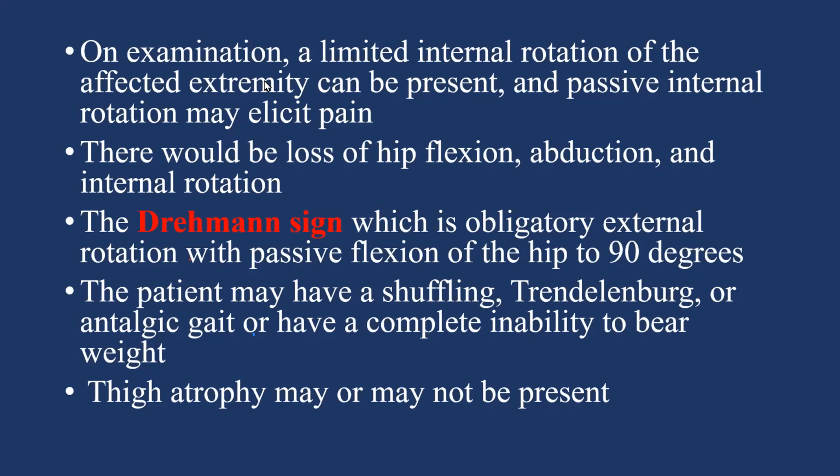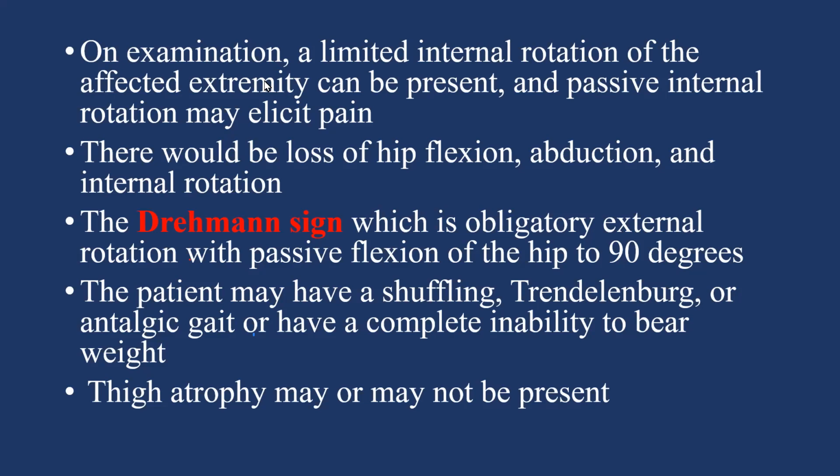What about the Drehmann sign, which is obligatory external rotation with passive flexion of the hip to 90 degrees? A Drehmann sign, guys: when you flex the hip, if there is a slip and the hip is in external rotation, normally, if you have a normal hip, it will flex past 90. But if you have a slipped epiphysis, you can't reach 90. It will have to go into external rotation to reach 90.